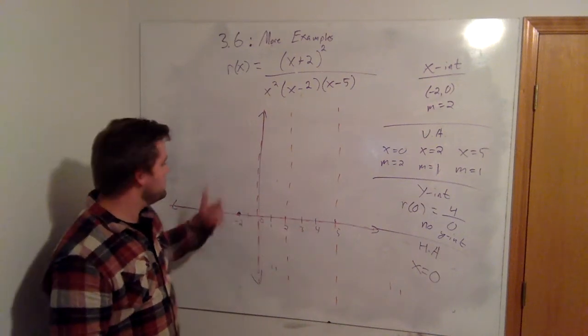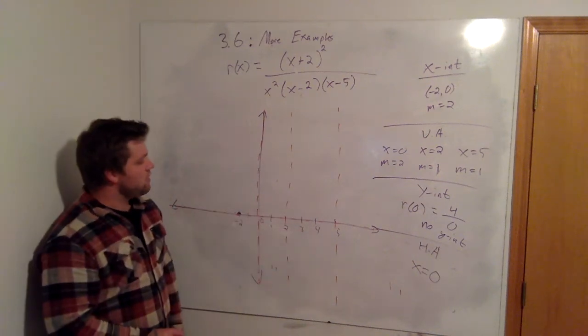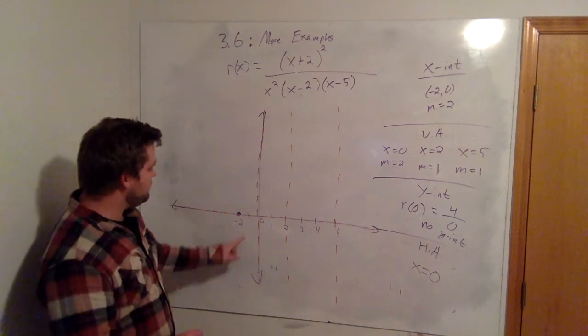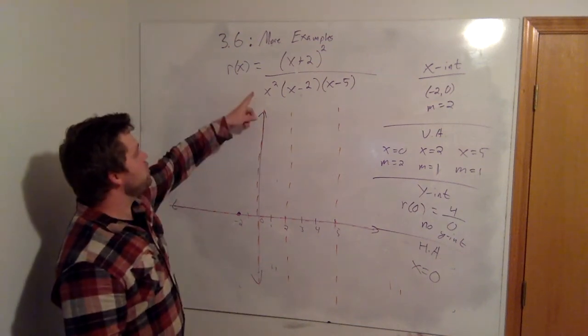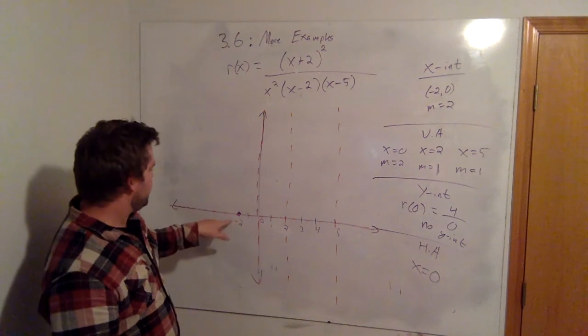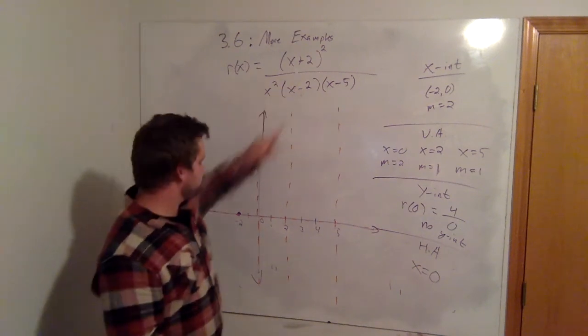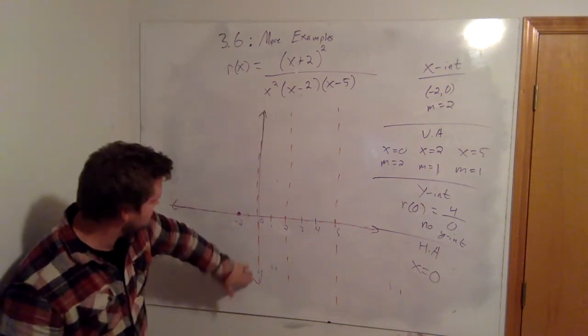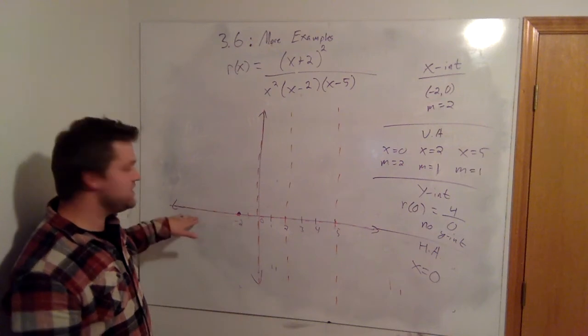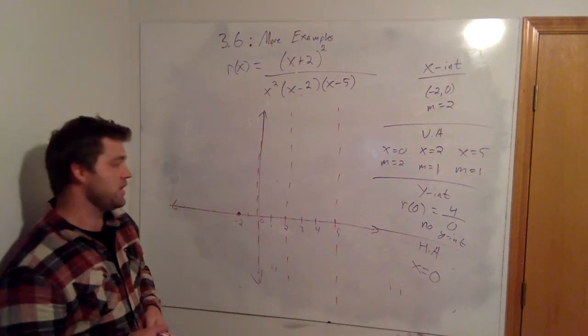Same thing over here. Even over here, I'm having a hard time telling what's going to happen. I know it's going to have to bounce, but I don't know if it's going to bounce and settle back down or go like this. So I have to do a test point.